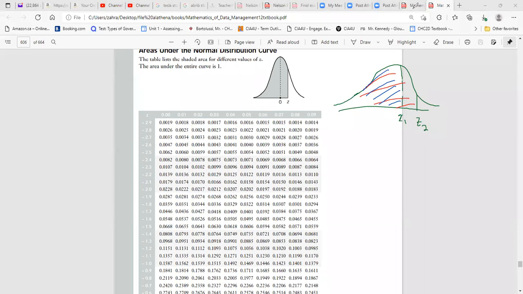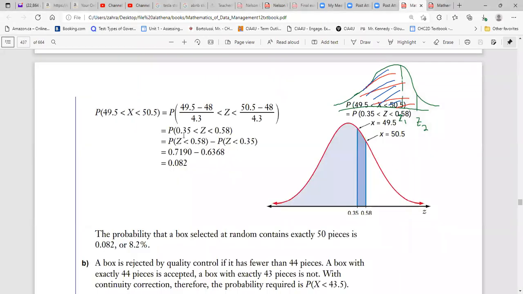So we do the same here: the area between 0.35 and 0.58 is the area below 0.58 minus the area below 0.35. You get the trapped area between these two numbers.